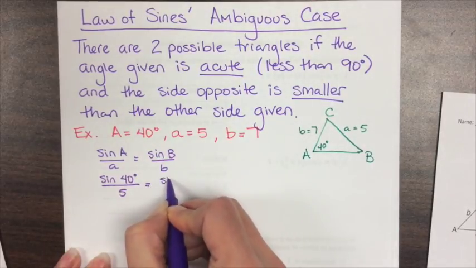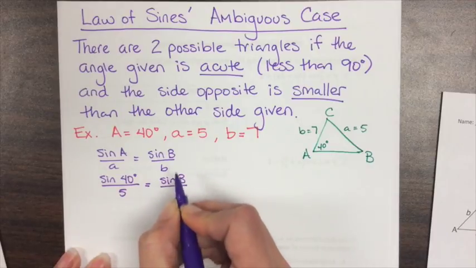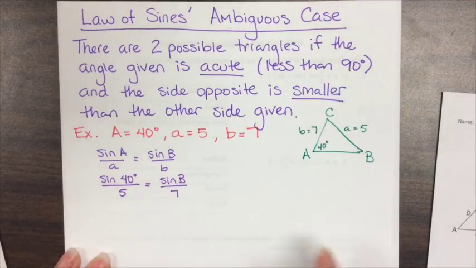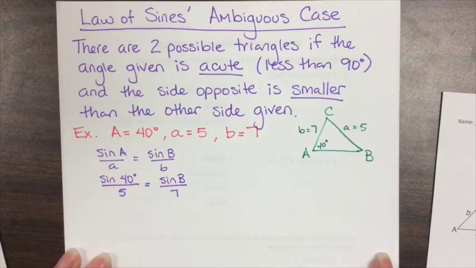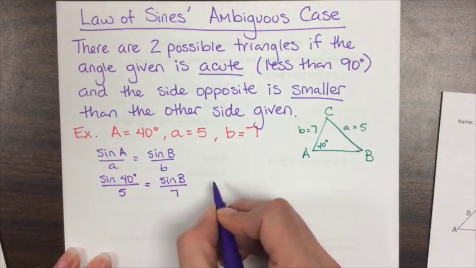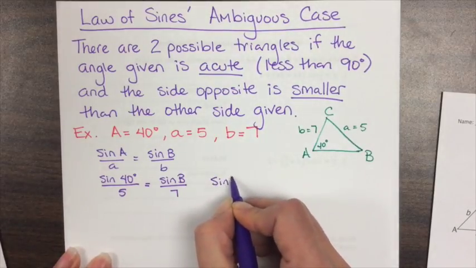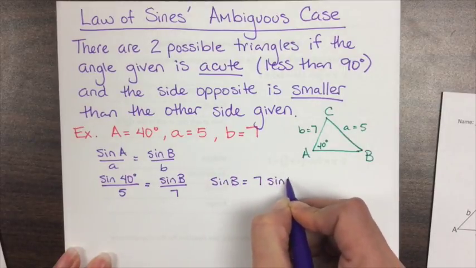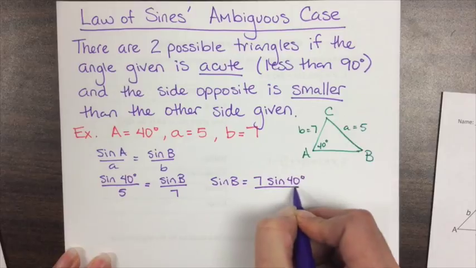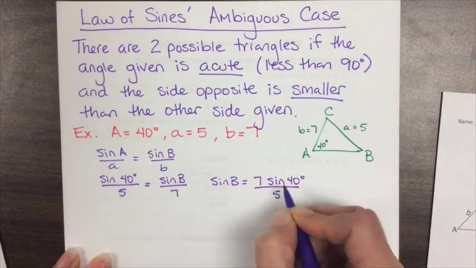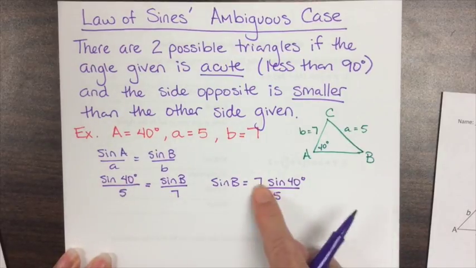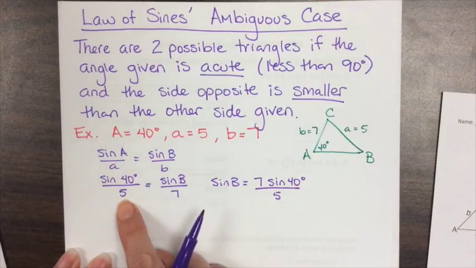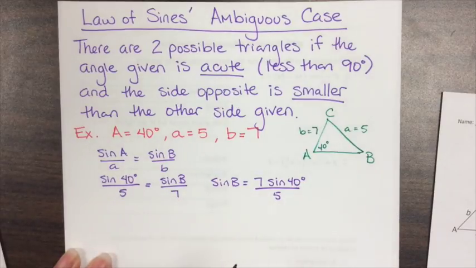We do not know angle B, but we do know that side b is 7. So we're going to solve just like before. We're going to cross multiply and divide, and you'll get that sine of B equals 7 sine of 40 degrees all over 5. We multiplied these two together, that's my numerator, and we divided by 5 to get sine of B by itself.